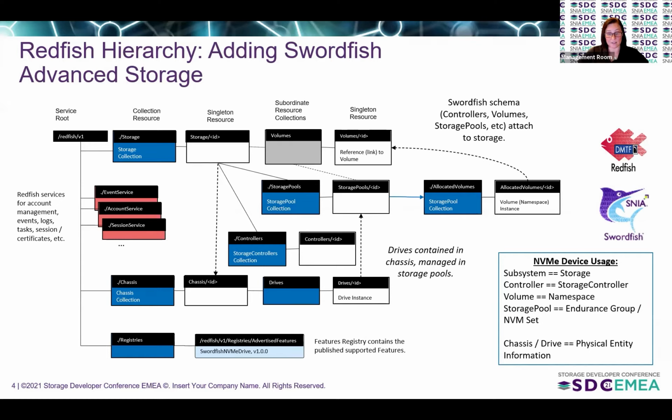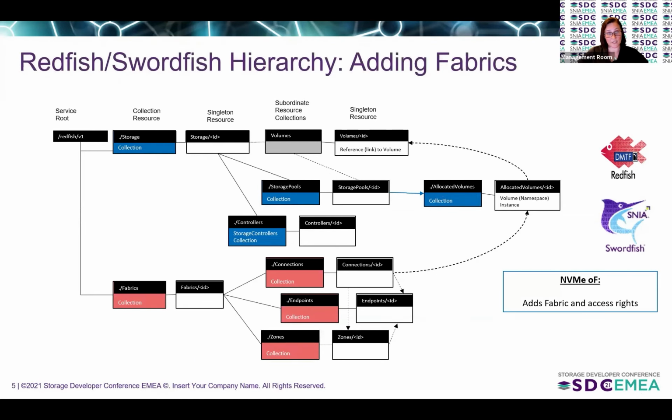All right, moving forward a little bit in the modeling, we look at adding additional complexity in fabrics. So these boxes down here on the bottom are red because these are the basic Redfish fabric model. When we start looking at NVMe-oF, we leverage this connectivity and again map the NVMe-oF fabric and access rights to a portion of the fabric model.